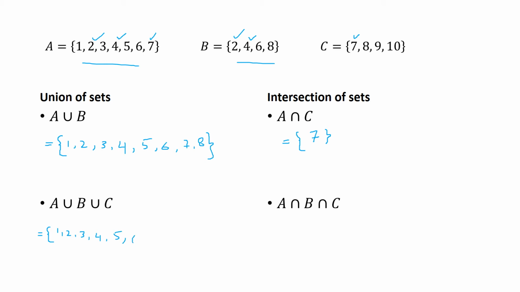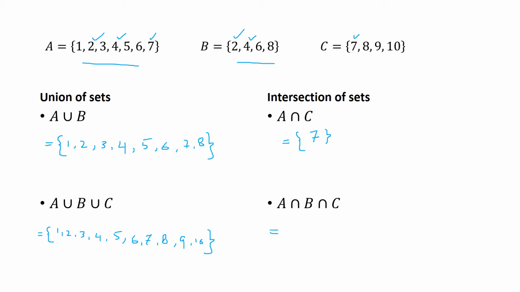Take care, don't repeat anything. 6, 7, 8, this time 9 and 10 include, and set C. So this is A union B union C. All the elements of A, B, C are added up together without any repetition.